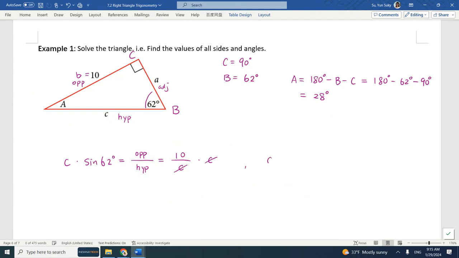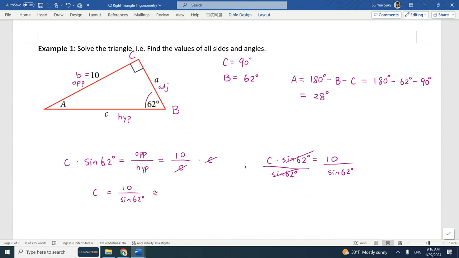So we have C times sine 62 degrees is 10. So what do we do? Yes, we divide by sine 62 degrees. So C is 10 over sine 62 degrees.